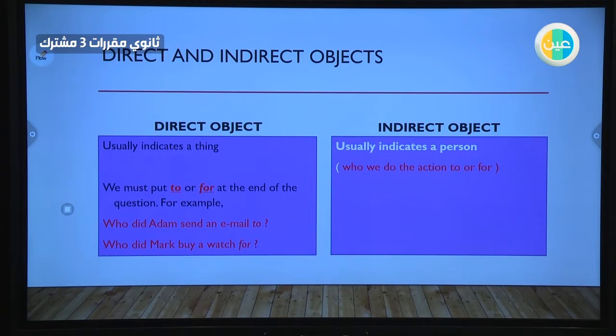Who did Mark buy a watch for? Can you notice to and for at the end of the question? The indirect object usually refers to the person we do the action to or for. This is the indirect object, a person.